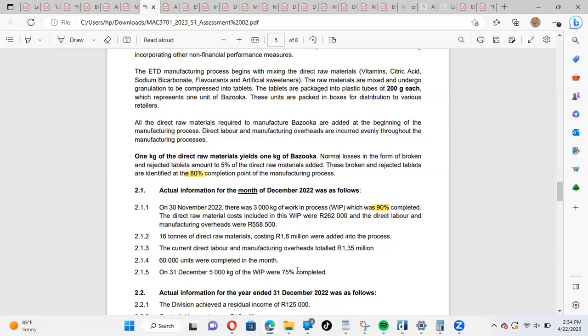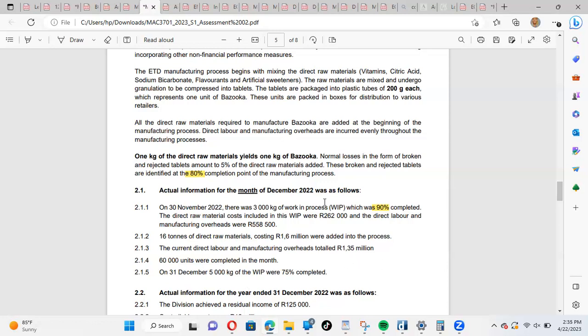It's still at 75%. So this is going to go beyond 75% in the next period, which is only going to be above 80% somewhere in January. So our 5% should therefore exclude our opening work in progress and our closing work in progress, because those incur the normal loss in different periods.